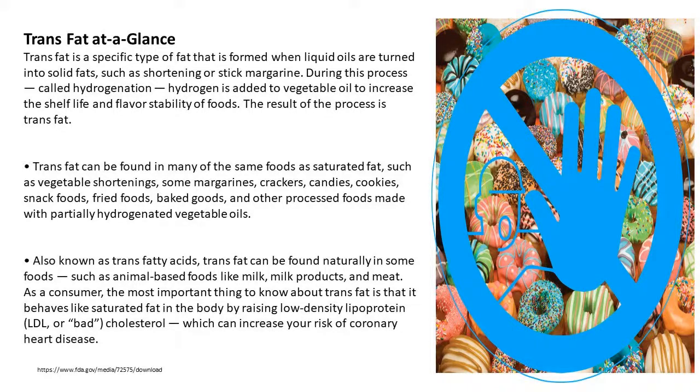So watch out for those words. If you see a hydrogen type word in the nutrient panel or the ingredient panel on your foods, kind of steer away from it.